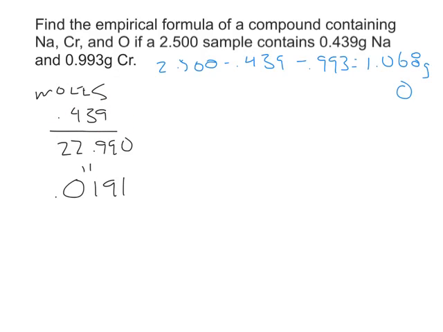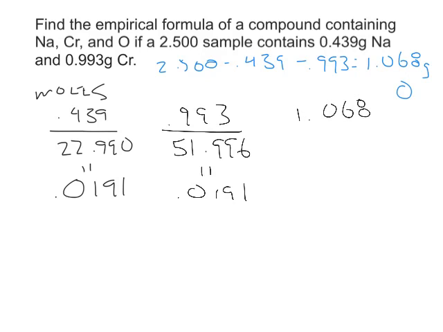Keeping 3 sig figs. 0.993 divided by 51.996, the mass of chromium, gets 0.0191 again, and 1.068 divided by 15.999 gets me 0.0668.